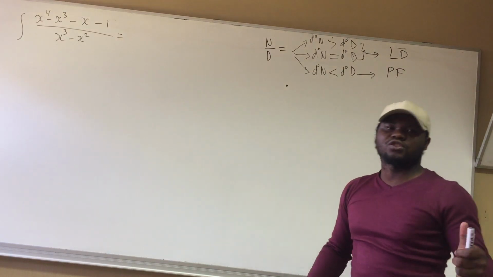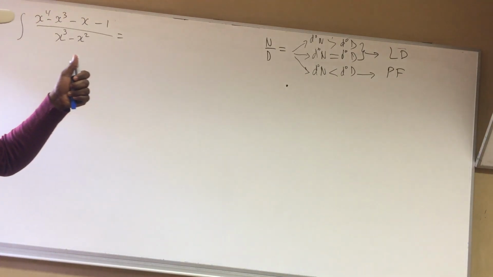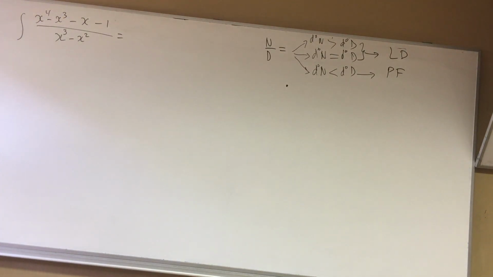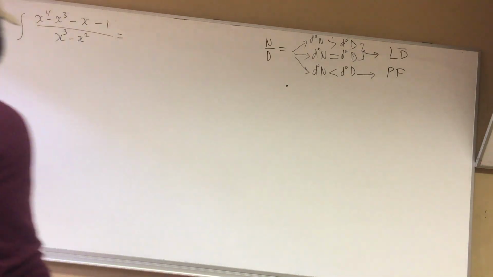So you only do partial fraction when the degree of the numerator is less than the degree of the denominator. In this case, we're going to use long division. Why? Because the exponent of the numerator is higher than the exponent of the denominator. Okay, good.